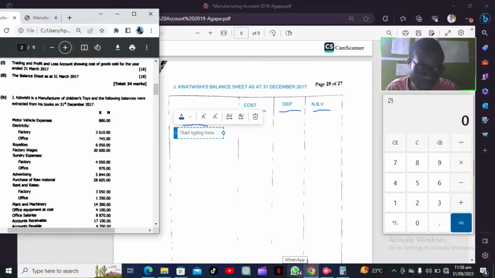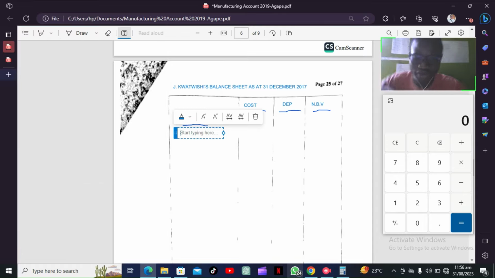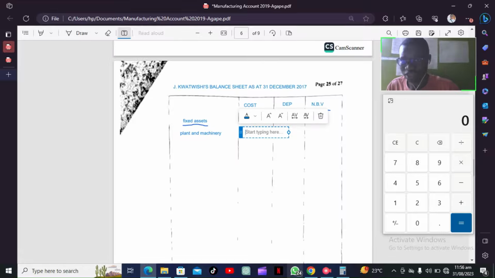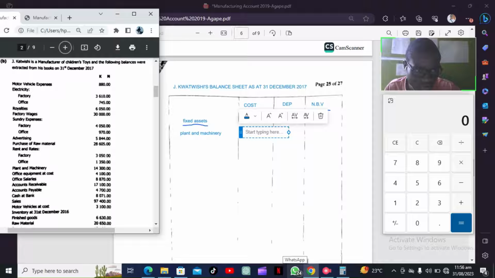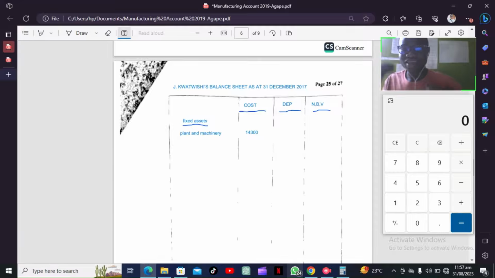Starting from the top, we had plant and machinery. How much was it at cost? At cost, the plant and machinery was worth 14,300. So I'm going to enter 14,300.